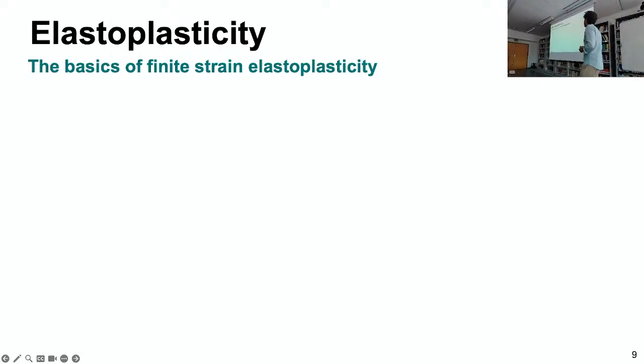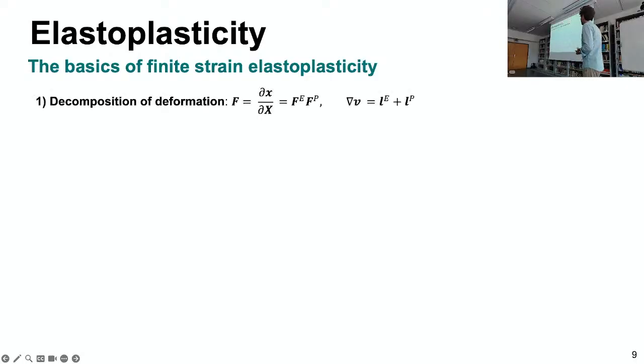Now, the framework in which we are formulating our constitutive laws, which is elastoplasticity. Now, for those of you with a solid background, I don't know if you have mostly fluid backgrounds or solid backgrounds, so I don't know exactly the level at which I should frame this, but I'm going to go through the main steps of what I call finite strain elastoplasticity, which is, the first step is decomposing your measure of deformation.